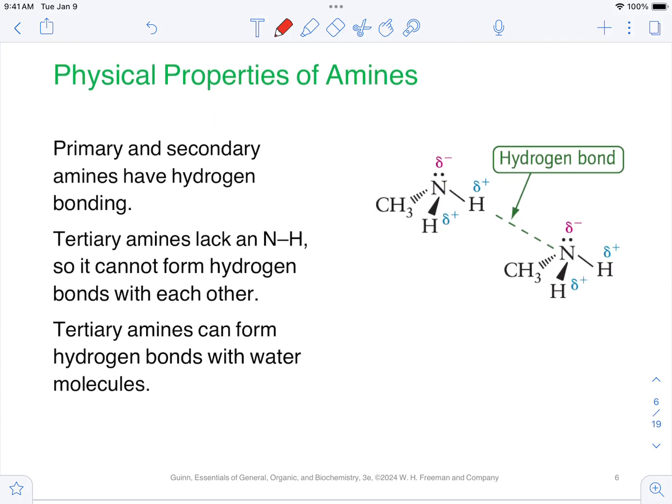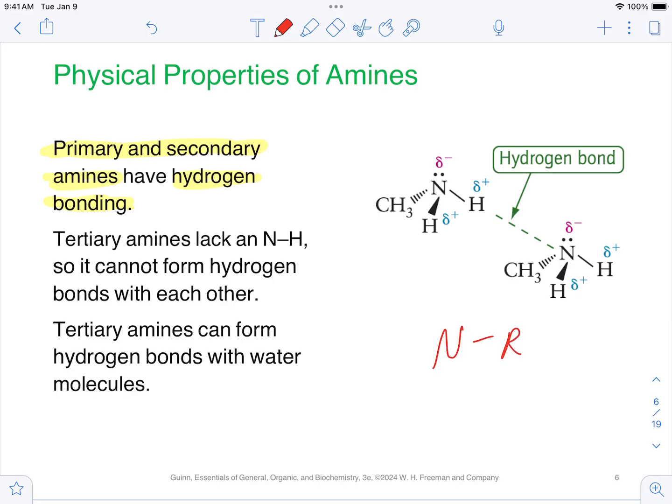So pretty important here that your primary and secondary amines have hydrogen bonding. So that is the strongest intermolecular force. Your tertiary amines do not have that N to H bond, so that won't have hydrogen bonding.